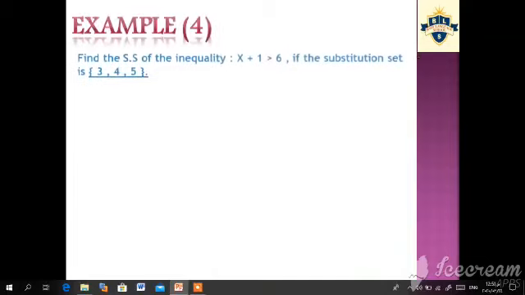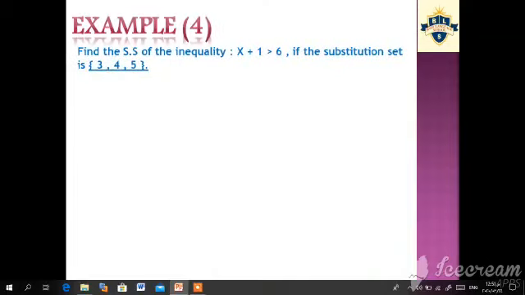Example number 4. Find the solution set of the inequality x plus 1 greater than 6 if the substitution set is {3, 4, 5}. Do as in the last example.